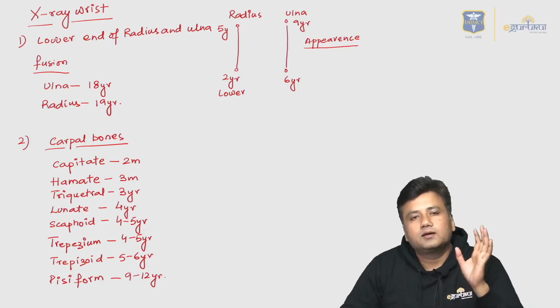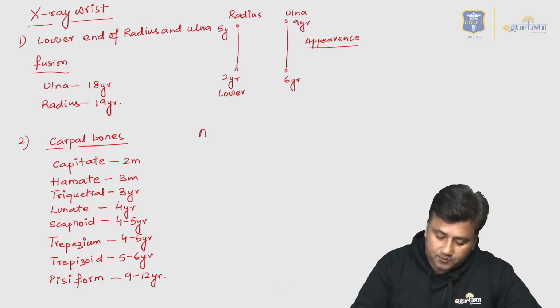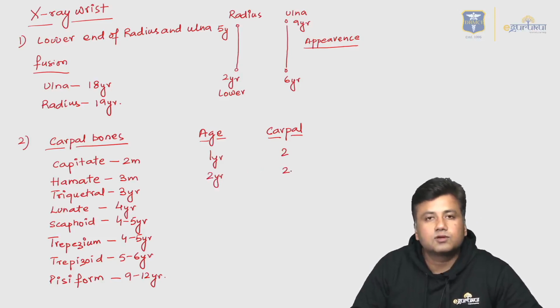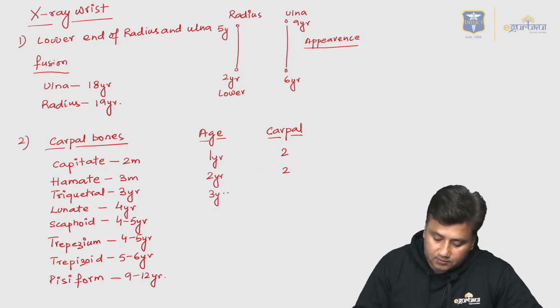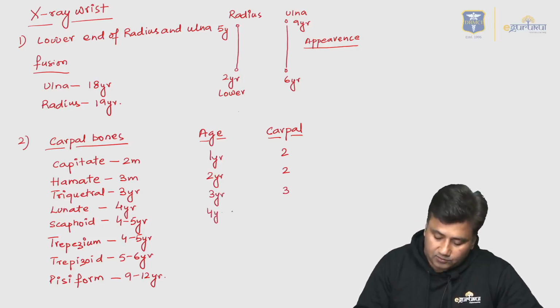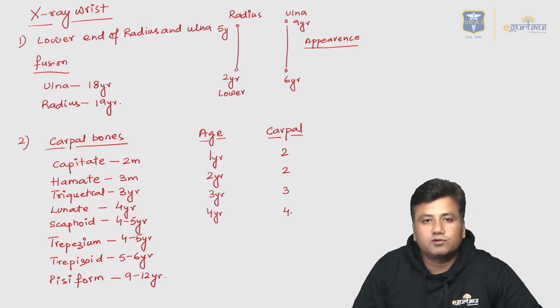If we look at the sequence of arrival of carpal bones into the hand, what we can say is at the age of 1 we have 2 carpal bones in the hand. At the age of 2 we still have 2. At the age of 3 we have 3. At the age of 4 we have 4.